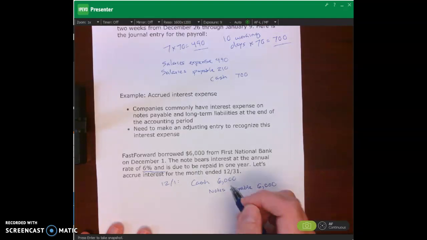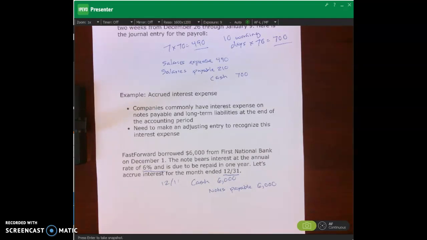But on the 31st, we have to recognize 1 month's worth of interest because it was incurred in this accounting period. So I have to record it in this accounting period. And how long? 1 month. Well, here's the tricky thing. If I multiply my 6,000 times 0.06, that's interest for the whole year. I only have it for 1 month.